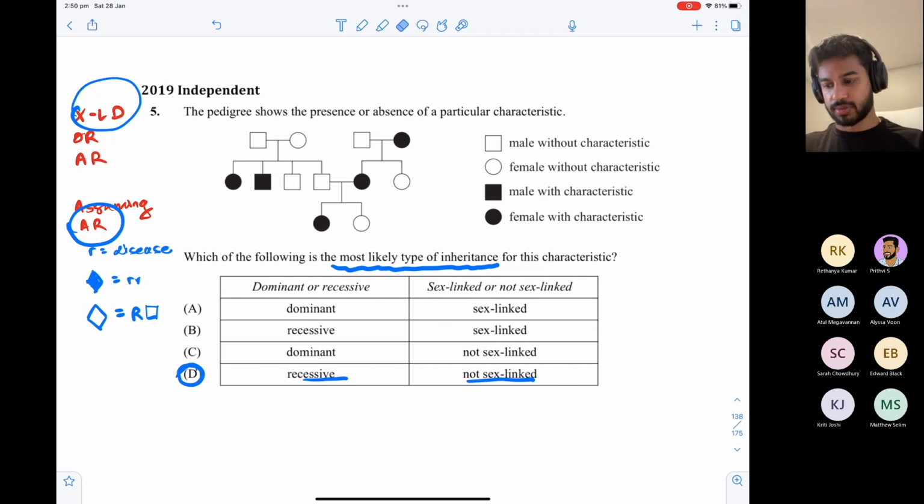So maybe I'll give you guys a minute or so to stretch, stand up as well. But has anyone come close to answering the question? Does X-linked dominant work? Give you guys a bit more time.